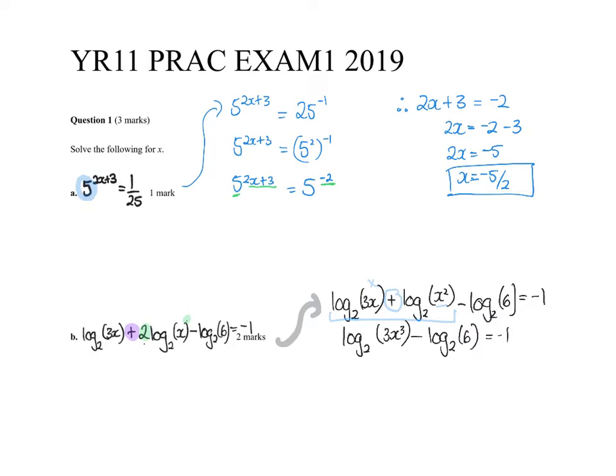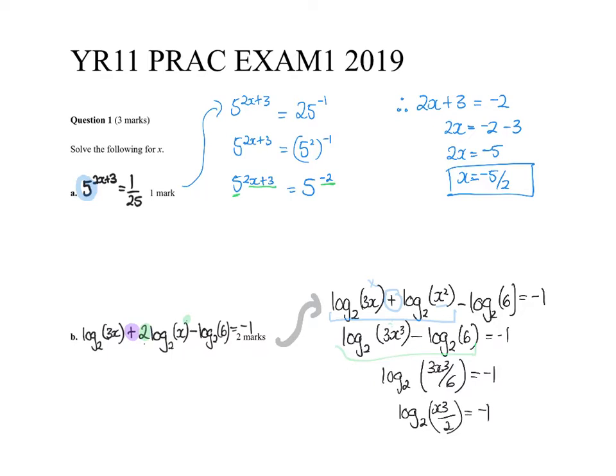Now, when you subtract logs, you actually divide. So we've got log 2 of 3x cubed divided by 6 equals -1. Okay, so if I simplify that, I've got log 2 of x cubed over 2, simplifying that fraction, equals -1.